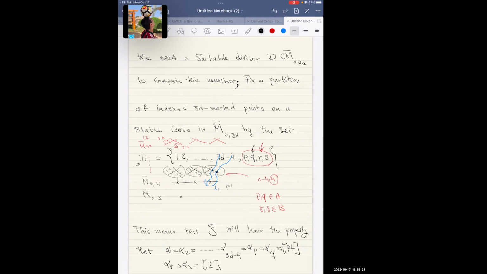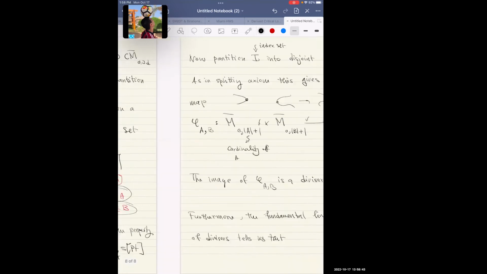So when we went up this ladder of hierarchy, and we were looking at M bar 0 n, we said that all those divisors that we get from different partitioning of PQ, putting it in A and B, or PQ in B and the others, and so forth, these give us linearly equivalent divisors. We had this thing before.